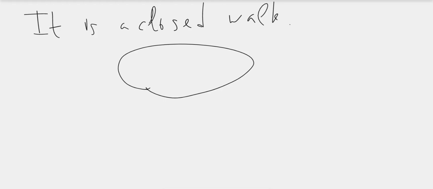Therefore, if there are still edges not visited, let's say this is an unvisited edge, and because the graph is connected, then there is some path from this edge to this cycle, to some vertex of this cycle. So there is some kind of path here because the graph is connected.